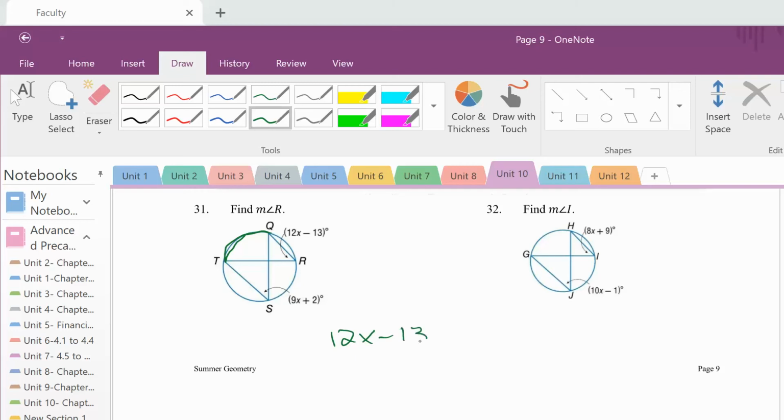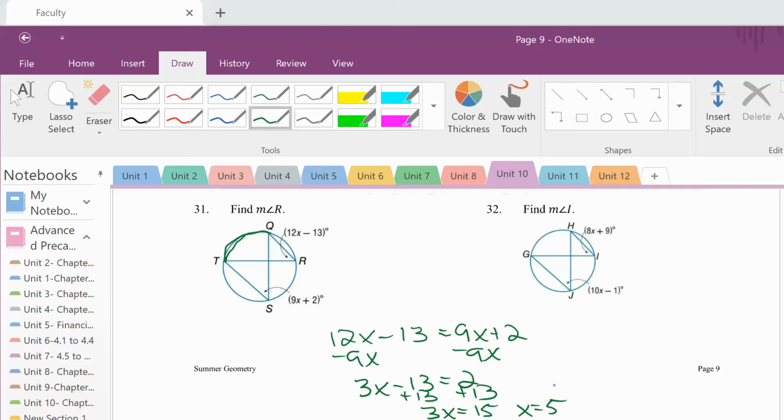So 12x minus 13 has to equal 9x plus 2. So you add 13, 3x is equal to 15, x is equal to 5. So the measure of angle R is equal to 12 times 5 minus 13. So 60 minus 13 is 47 degrees.